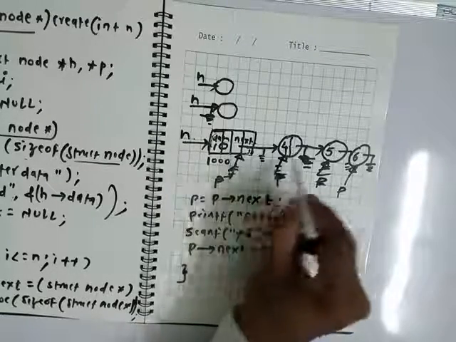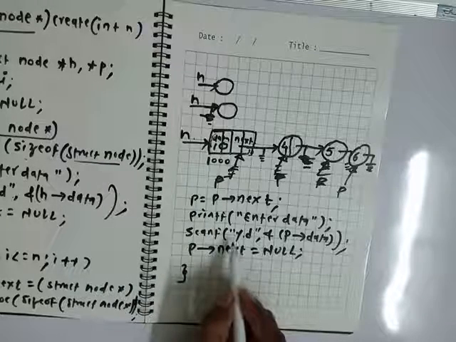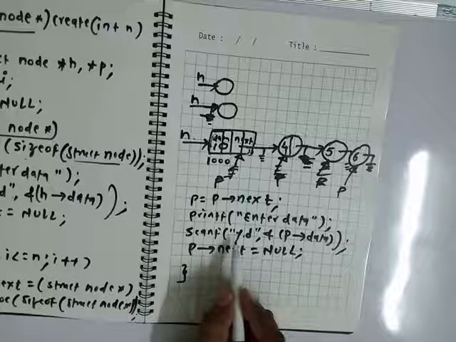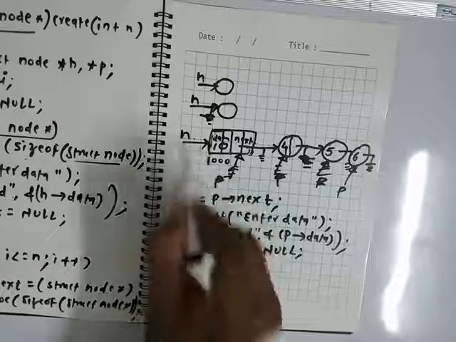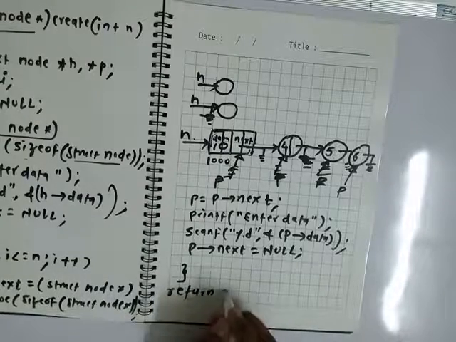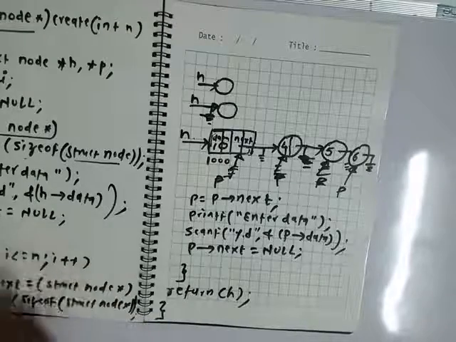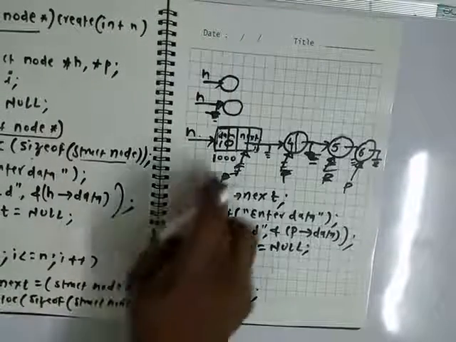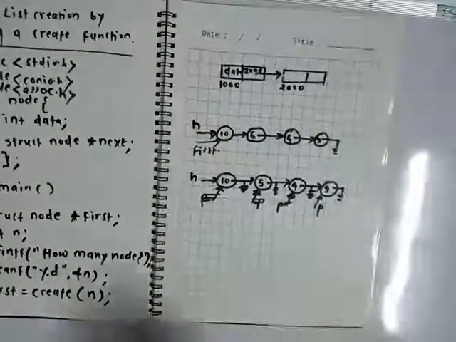So this linked list is created inside the create function, right? I'll have to tell the main function the address of this linked list, or the address of the starting node of this linked list, that is the address of this node. The address of this node is inside h, so I'll have to return that h. That's it. So this h will be returned, and that h is holding 1000, and that will be given to first.